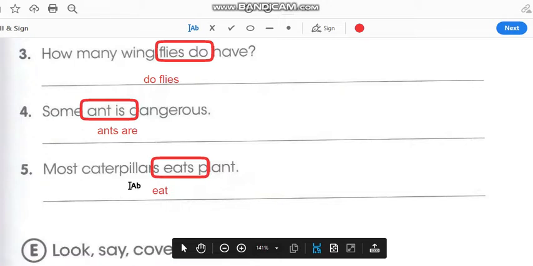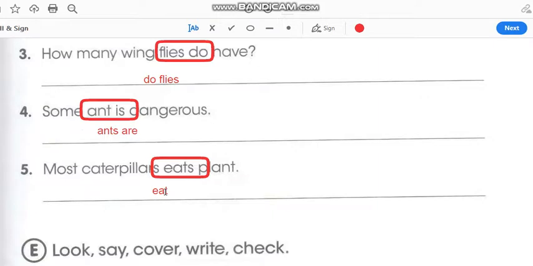So ورا الجمع لازم يكون شنو عندك؟ الفعل verb infinitive، يكون مجرد. These are the answers. هذه الإجابات. Check it، سوي لها check حتى تشوف الجمل مالتك هل كانت صحيحة or wrong أو خطأ.